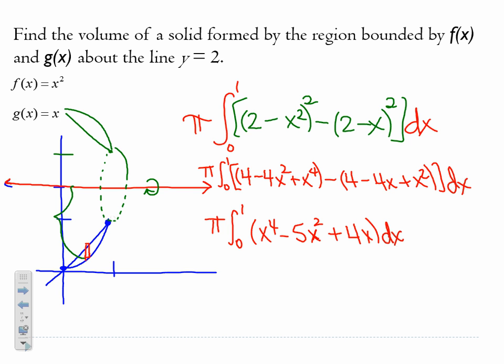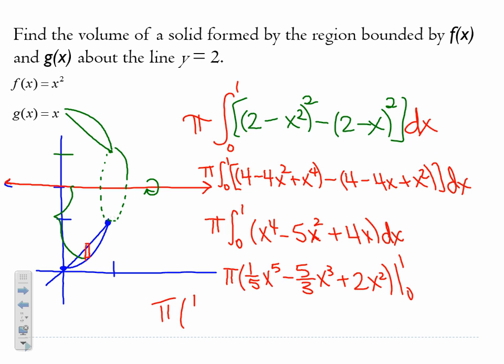So now we have to actually do our integration. 1/5 x to the 5th minus 5/3 x to the 3rd plus 2x, evaluated from 0 to 1. So we have pi times, we plug in 1 and get 1/5 minus 5/3 plus 2.